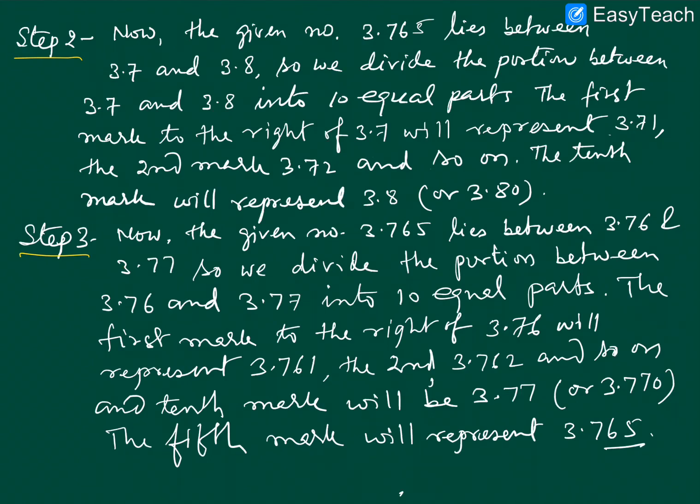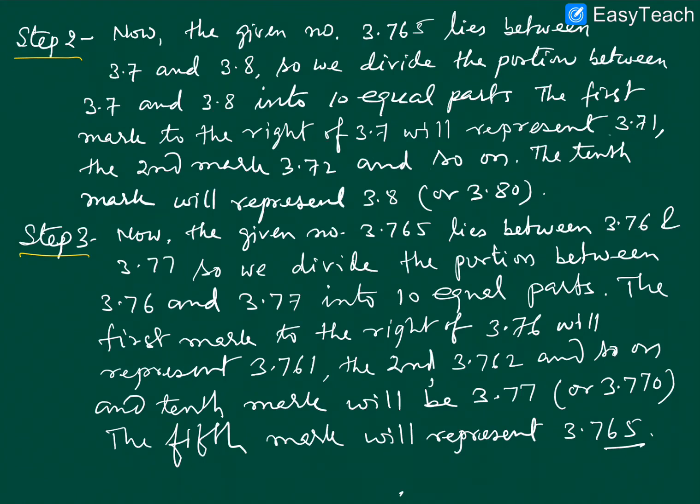So we divide the portion between 3.76 and 3.77 into 10 equal parts. The first mark to the right of 3.76 will represent 3.761, as 3.76 is nothing but 3.760.